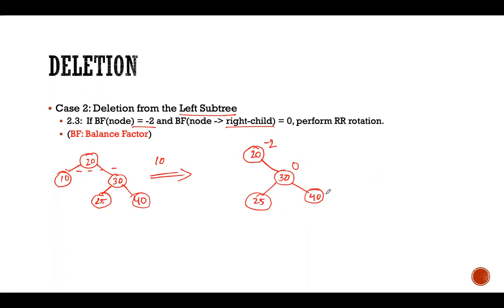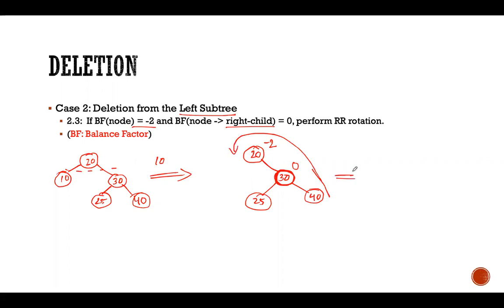So here also we are going to do the RR rotation. After we do the RR rotation, this node will be the parent, and its absolute difference will be 1. That's why we are going to do the RR rotation.